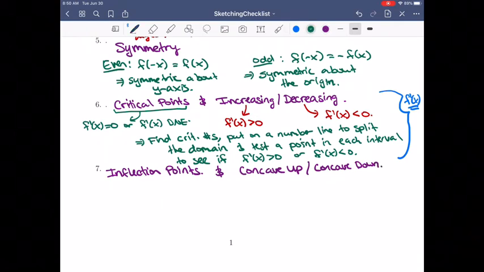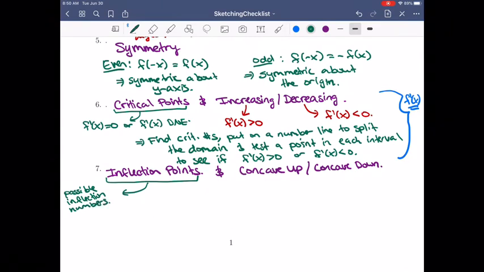Okay, so inflection points, not all of these are going to be inflection points. So what we want to do is find our possible inflection numbers. Okay, so that's when the second derivative is 0 or the second derivative does not exist.